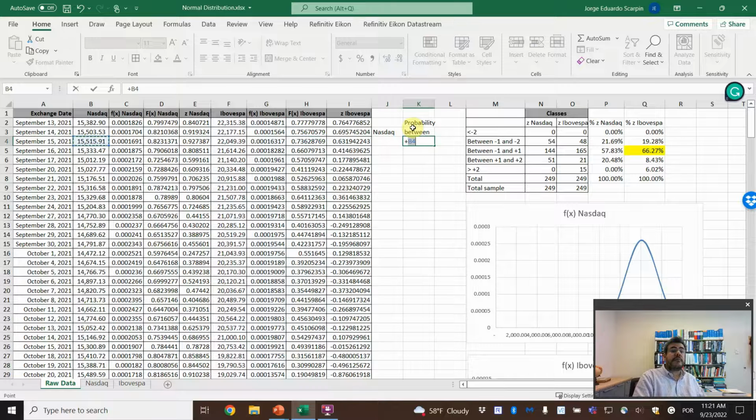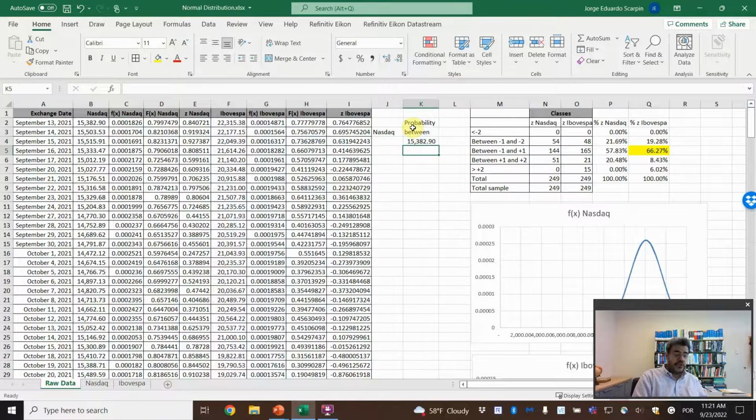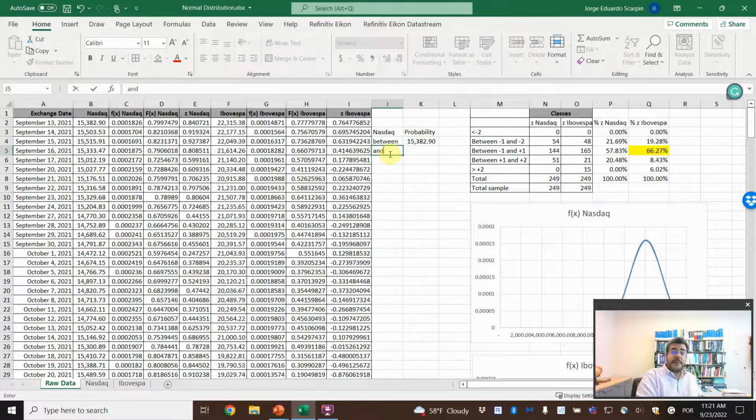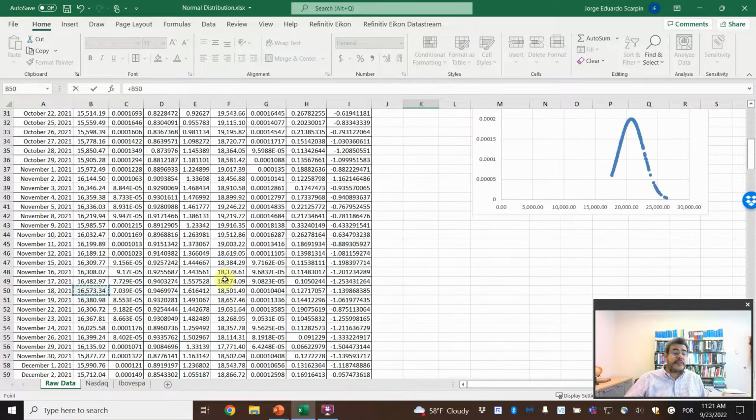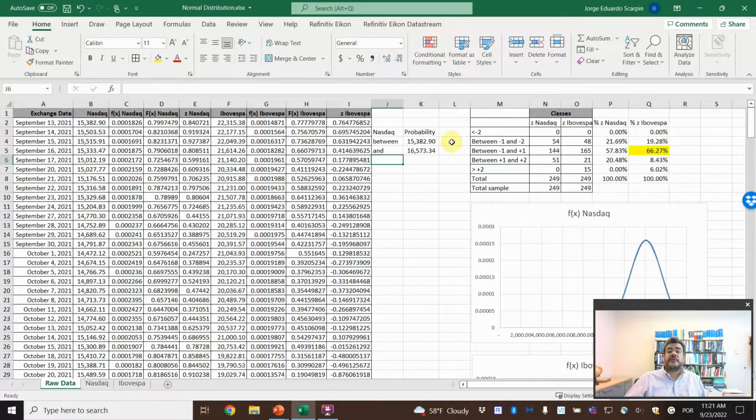between 15,382, let's make it pretty, just like what you see. And by the way, guys, this Excel file is free. Between 15,382 and 16,773, for instance.